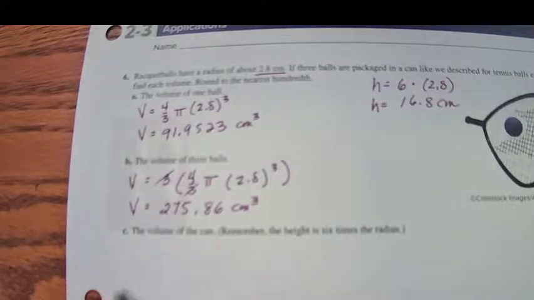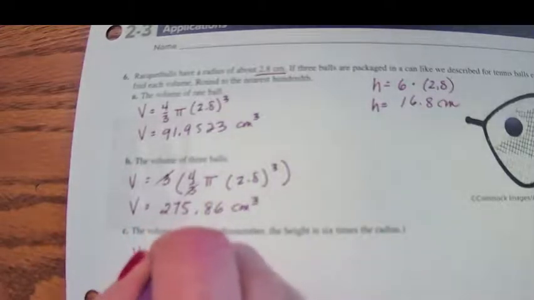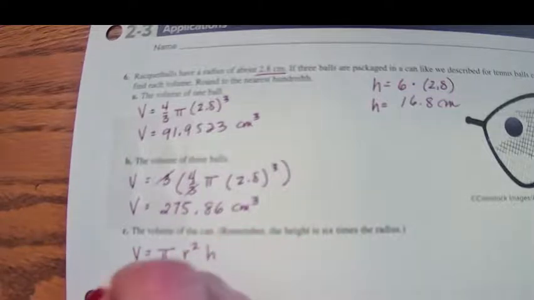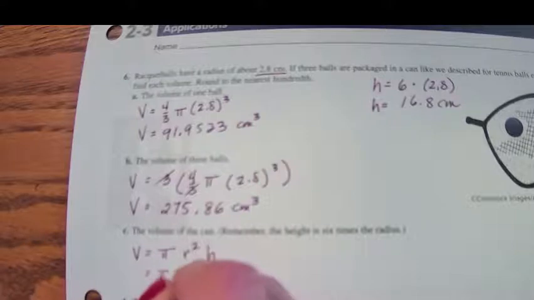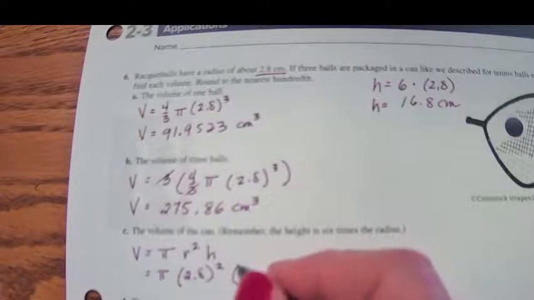What's the volume of the can? The volume of the can is pi times the radius squared times the height. So that's going to be pi times my radius, which is 2.8 squared, times my height. And we know that the height is 16.8.